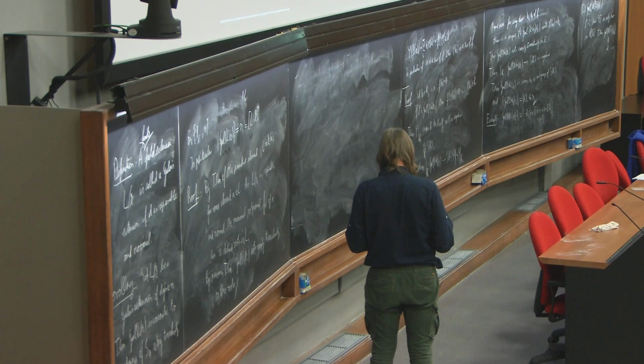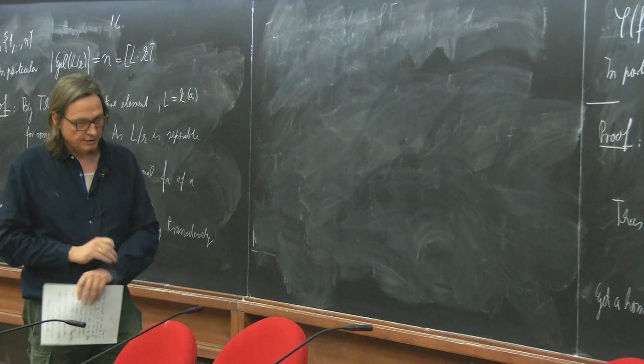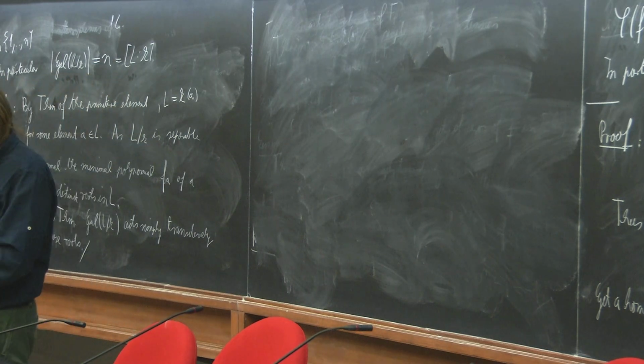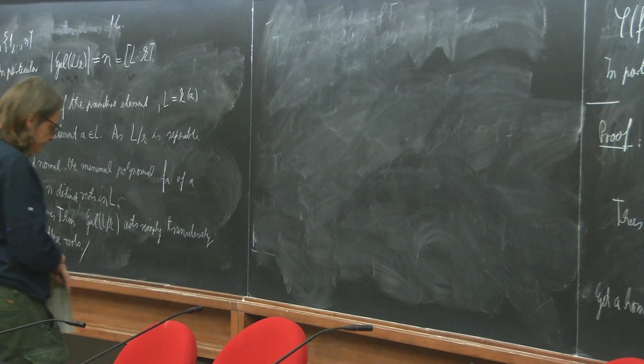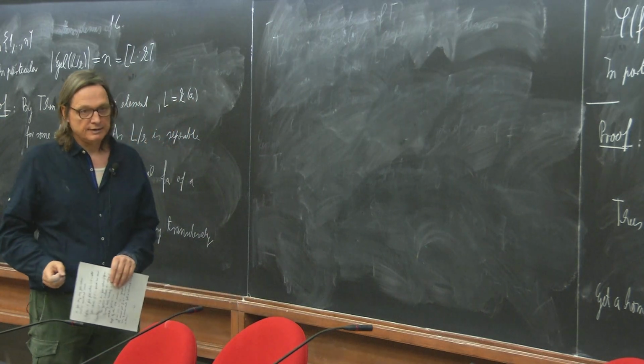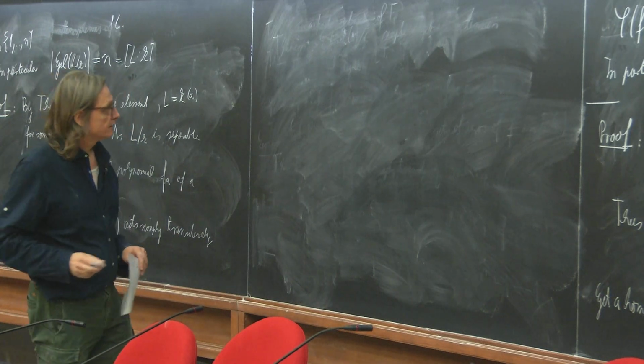And one thing which is useful in proofs, which we also use in a moment in a proof, is we ask ourselves, if we have a field extension and two elements in the bigger field, when will there be an element in the Galois group which sends one element to the other? The answer is if they have the same minimal polynomial over the ground field.